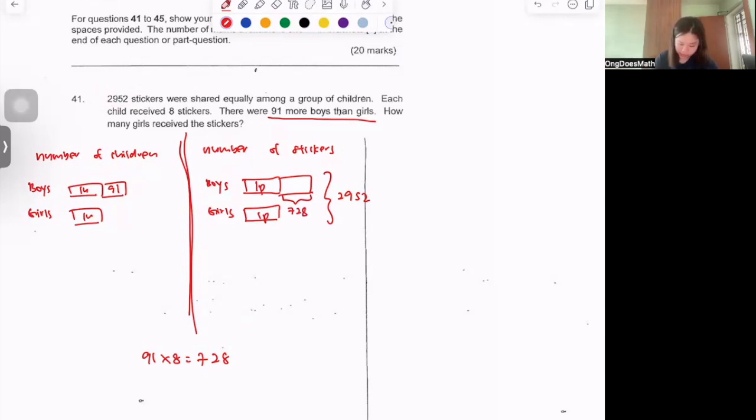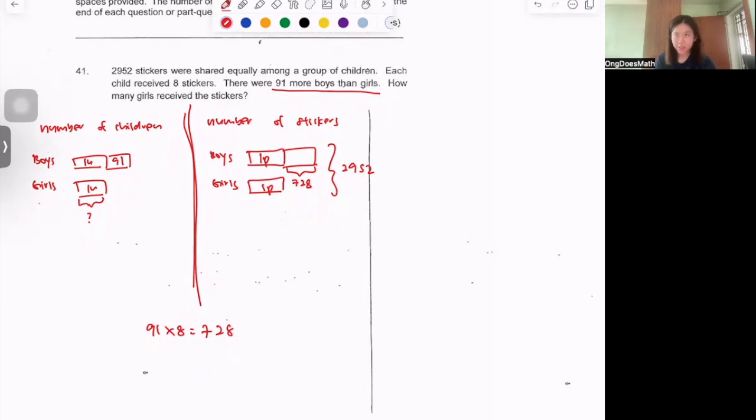Now they ask you how many girls received the stickers. So the question mark is here. Before we can do that, we have to find out how many stickers the girls received. So let's look at this model over here. So to find out the number of stickers that girls receive, just have to take 2952 minus 728 divided by 2.